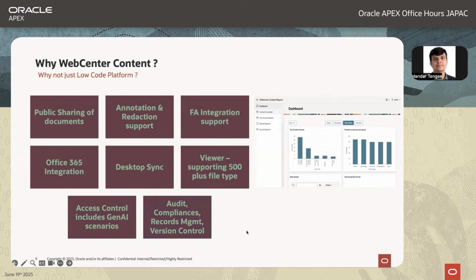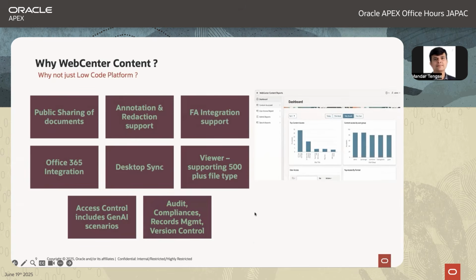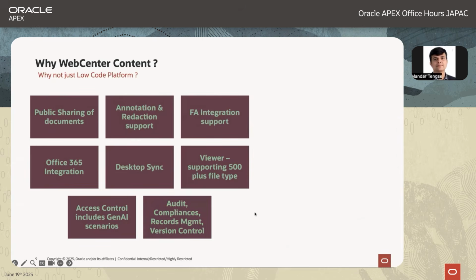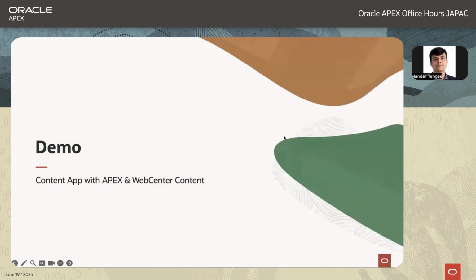And finally, audit and compliance, which is again out-of-the-box reporting available: who has access, all of that information is available with the repository. So I just wanted to give context here for the Apex folks on why WebCenter Content and Apex make sense. With that, I am now going to get into the demo.